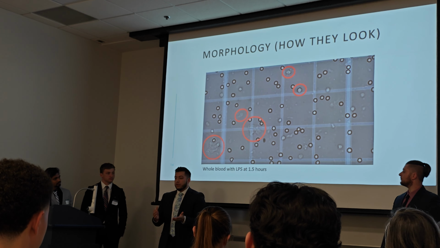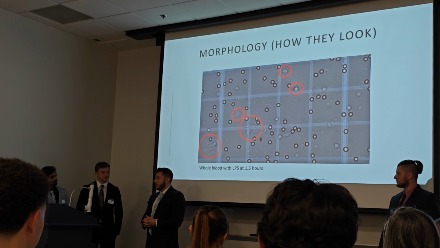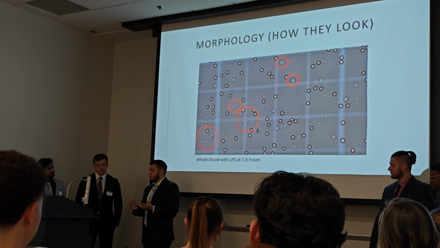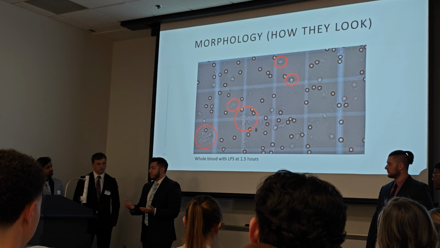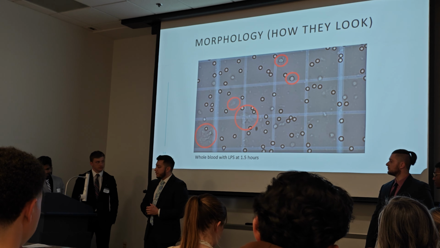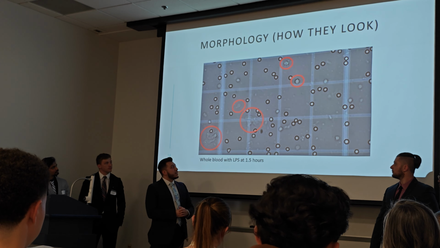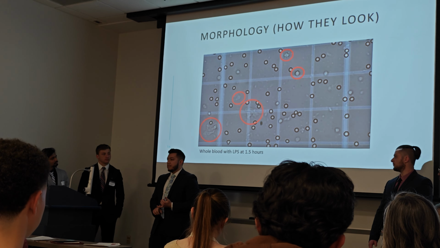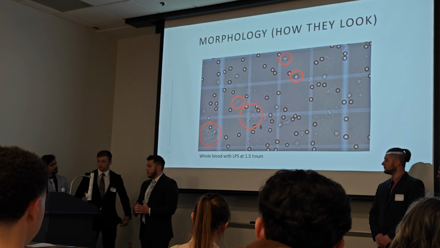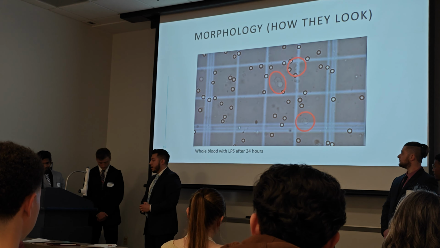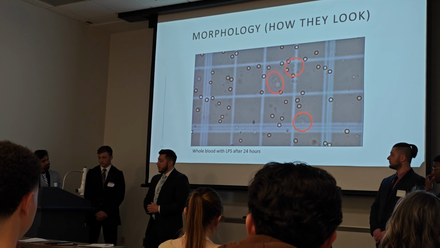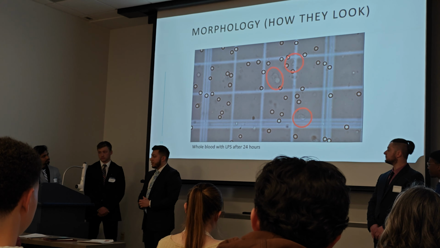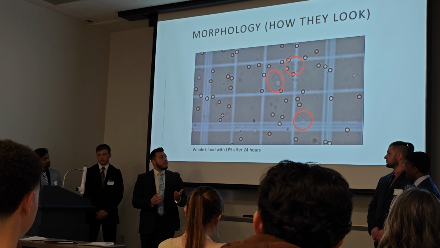Again, we don't know for sure, but after many trials, we assume that this is what's happening. In the bottom left there, we do see some more debris. And again, this may just be cellular components leaking out of cells, LPS molecules sticking with each other, or things of that nature. And then after 24 hours, cells with LPS, we see kind of the same trend here.